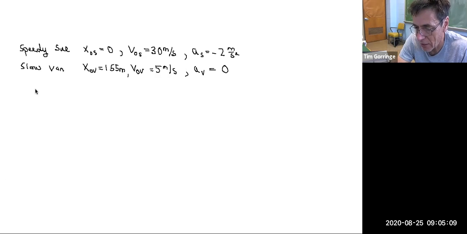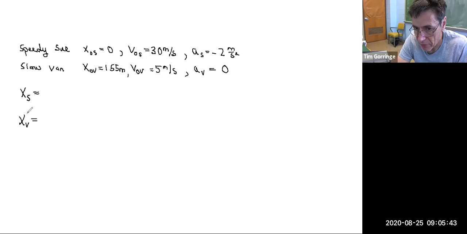It means that they've collided. So I want to write down two equations, one for Speedy Sue's position as a function of time, and another for the van's position as a function of time. Then we're going to use these equations to figure out if there's a collision, and if there is, where that collision is.